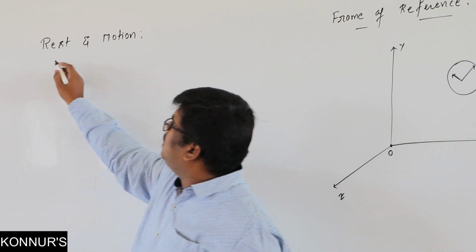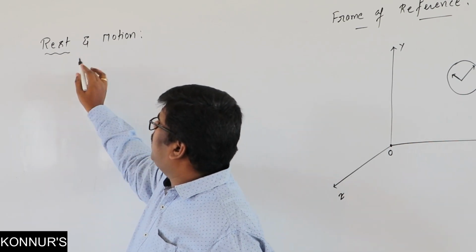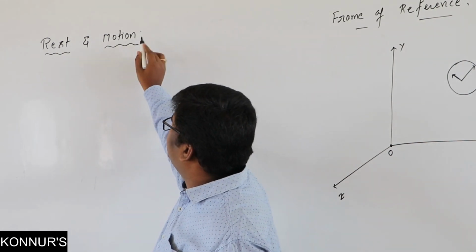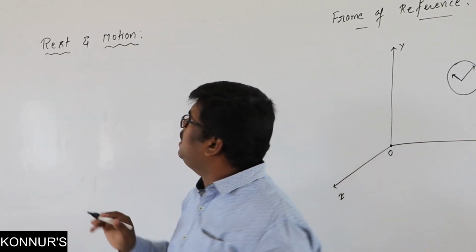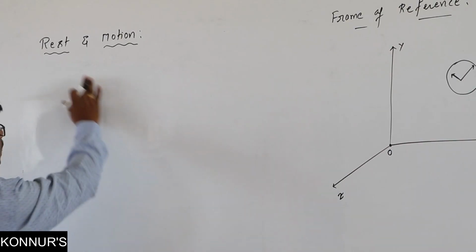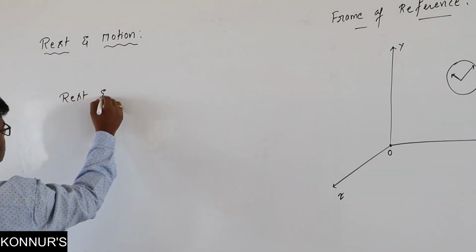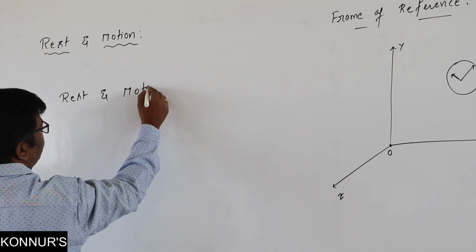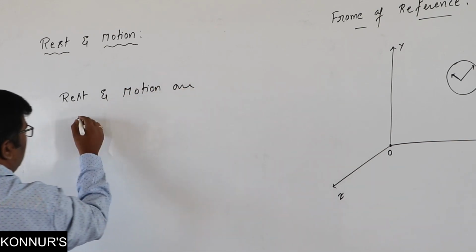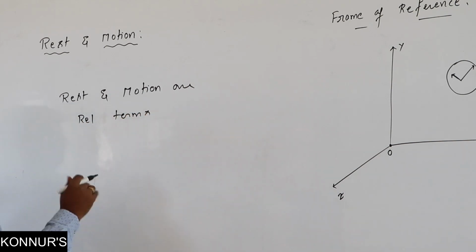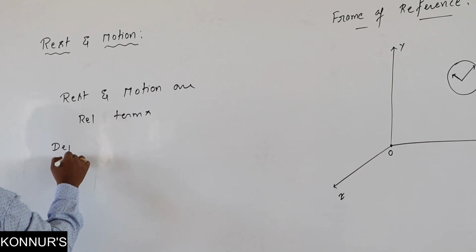If the body's position does not change with respect to time, it is at rest. If its position changes with respect to time, it is called motion. Rest and motion are relative terms, and they depend on the frame of reference.